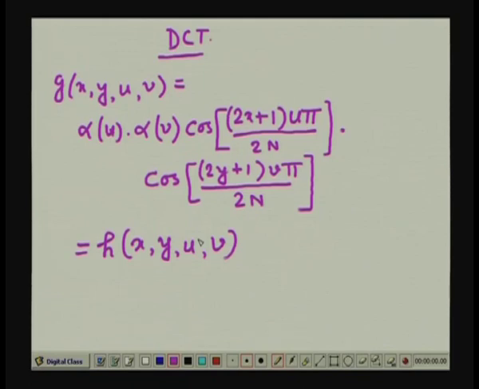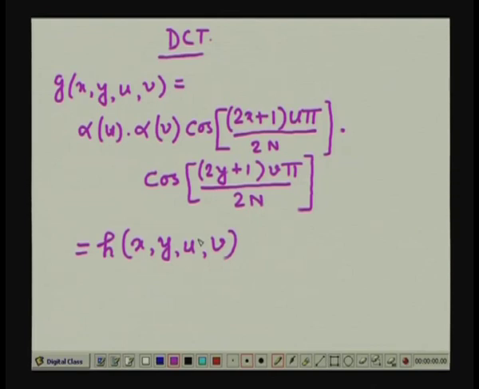So, you find that in case of discrete cosine transformation, both the forward transformation kernel and also the inverse transformation kernel are identical. And not only that, these transformation kernels are separable as well as symmetric, because in this I can have g1(x, u) equal to alpha(u) cosine of (2x plus 1) u pi divided by 2N, and g1(y, v) can be alpha(v) into cosine of (2y plus 1) v pi upon 2N.